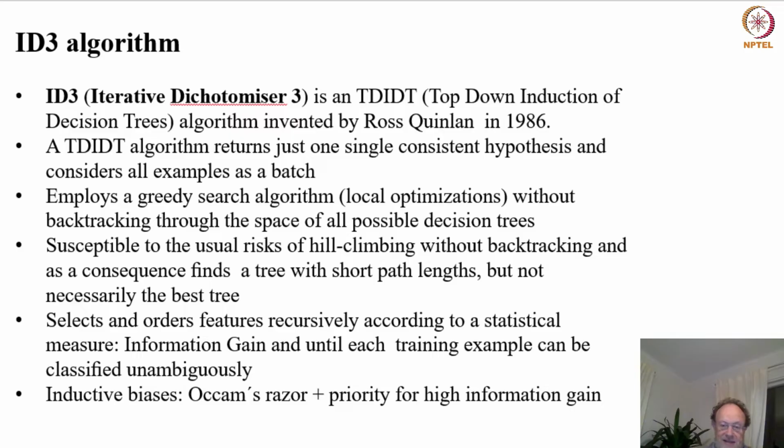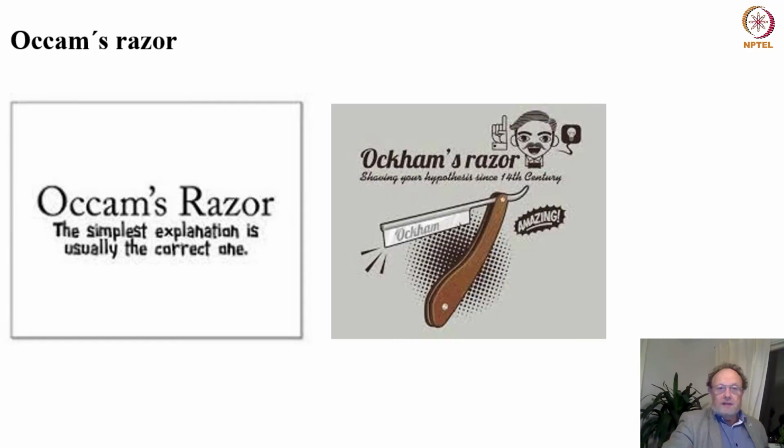I assume you all know William of Ockham, a monk in the 14th century, who started to study logic, and who was the first to phrase the principle of always choosing the simplest solution to any problem.